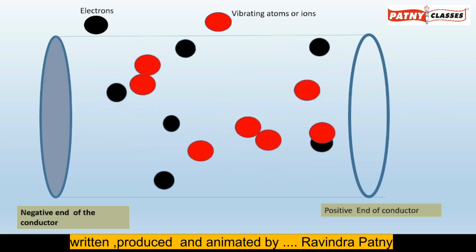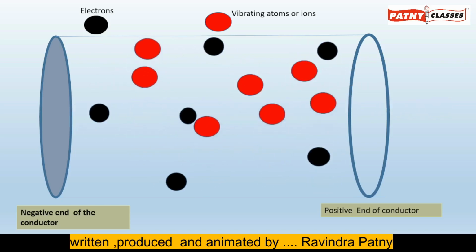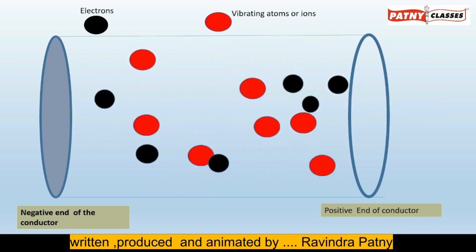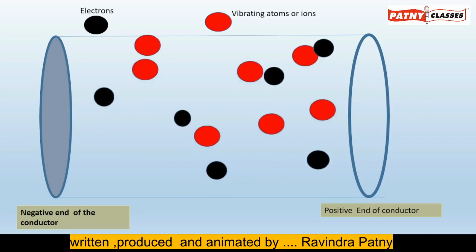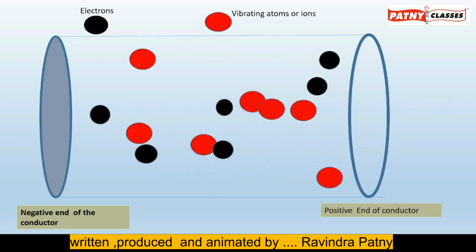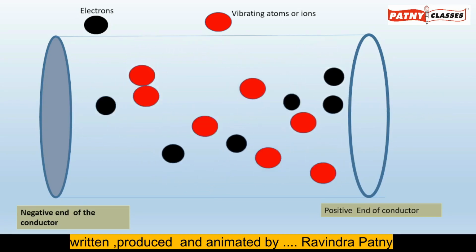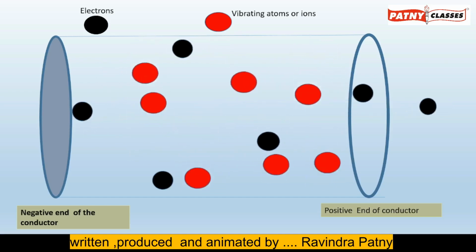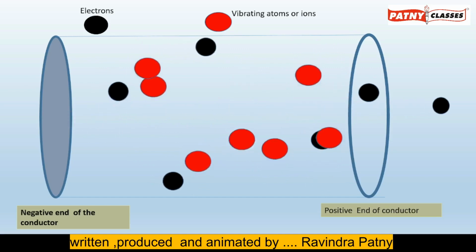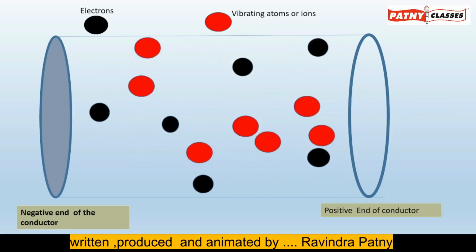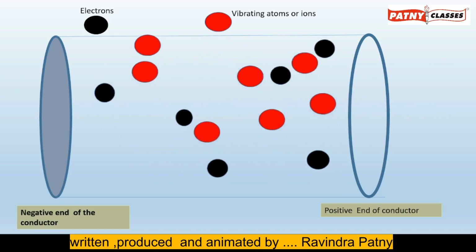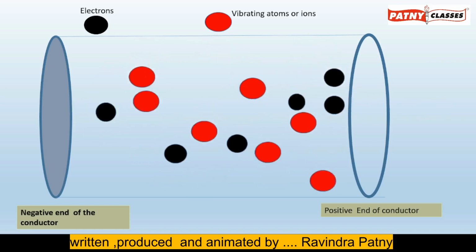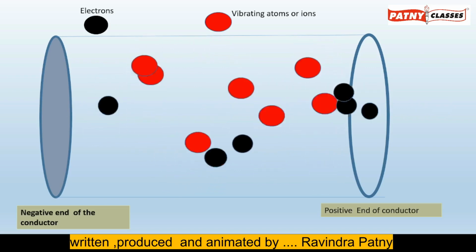Thus, when the free electrons move in the forward direction, there is a collision between electrons and the vibrating atoms. Due to such collisions, the energy of the electron is lost during drifting from the negative terminal to the positive terminal. This loss of energy gets converted into heat energy, vibrational energy, light energy, etc.